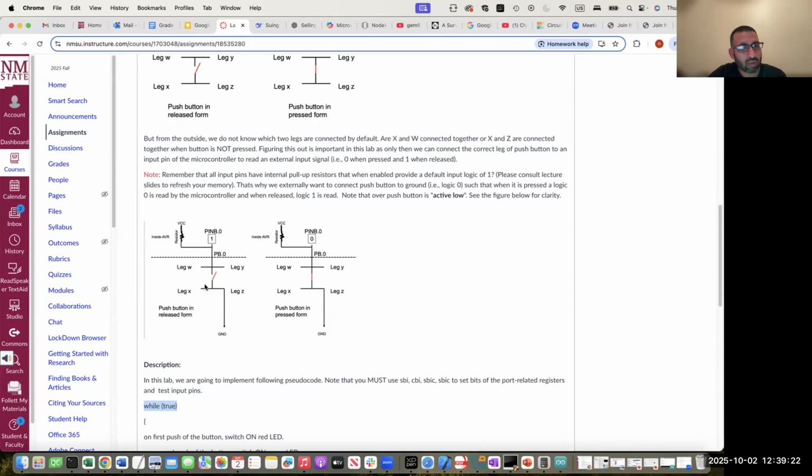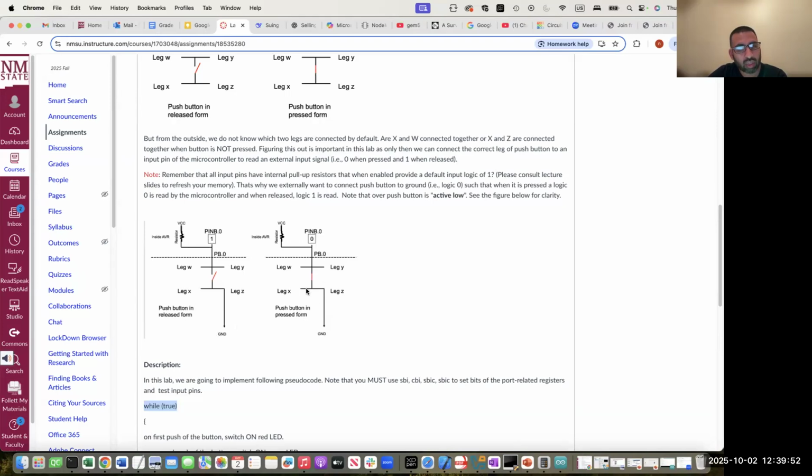So even when we don't push the button, when the switch is open, because internally it is connected with the VCC, we will have a logic one in bit 0 of the PIN B register, right? But note that leg Z is connected with ground. So if we don't press the button, the input is 1 because internally there is a pull-up resistor which gives a logic 1 to bit 0 of the PIN B.